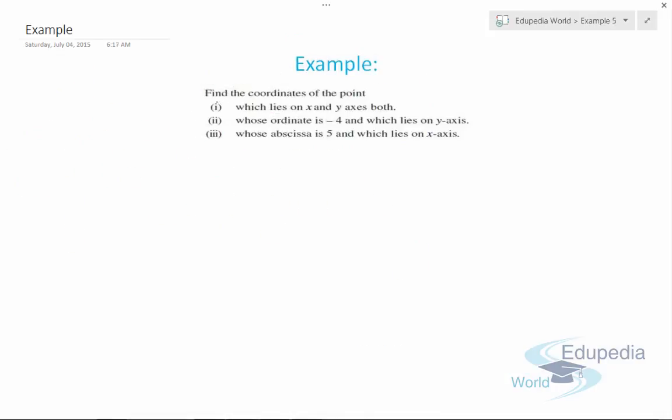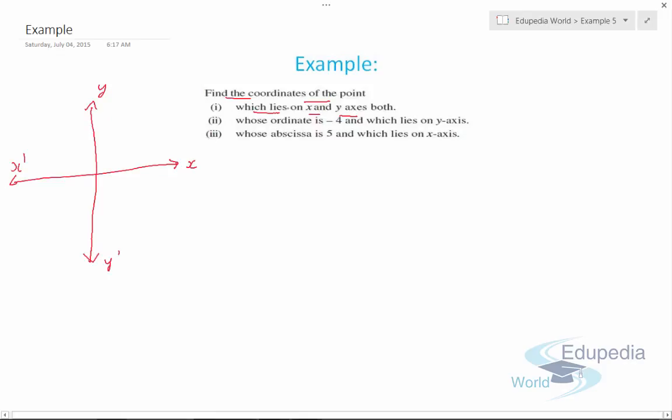In this example we have to find the coordinates of the point. The first question is to find the coordinates of the point which lies on both the x and y axis.